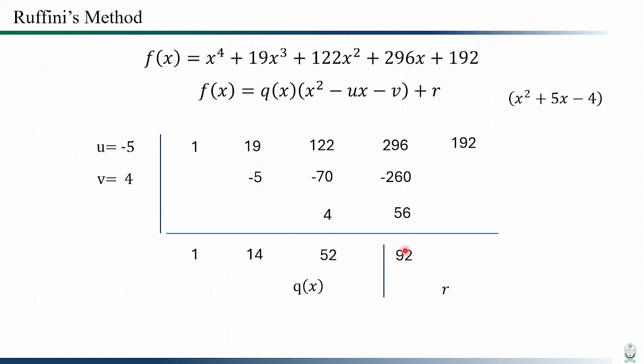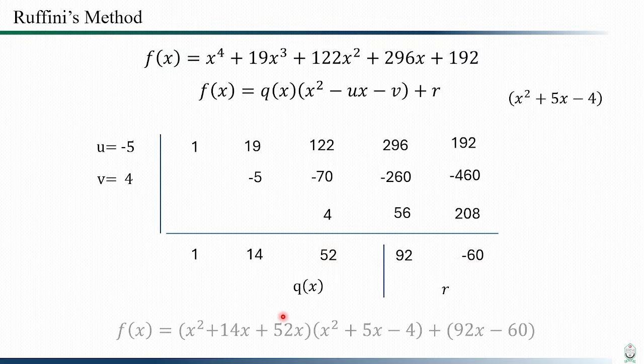The summation here gives 92. -5 into 92 gives -460. 4 into 52 gives 208. This returns -60. So if we choose u, v such that they do not return remainder to be 0, we get our f of x converted like this.